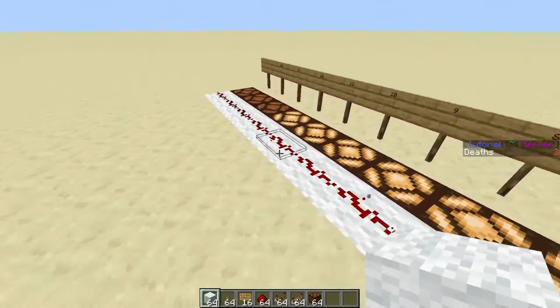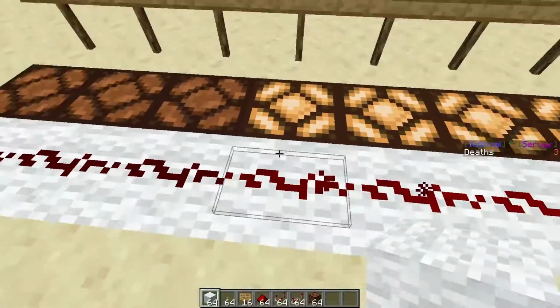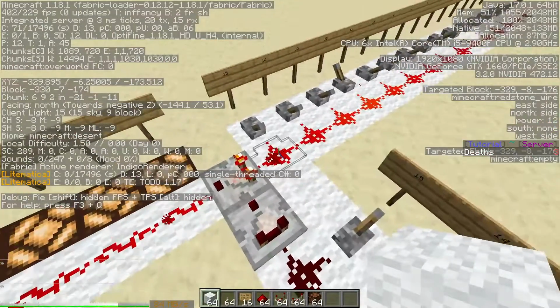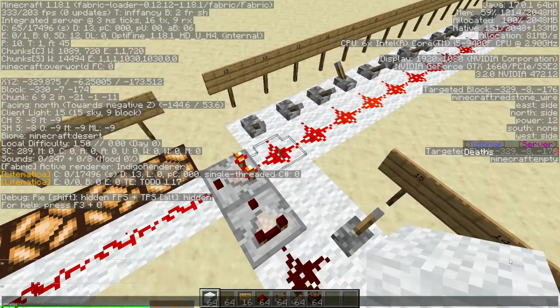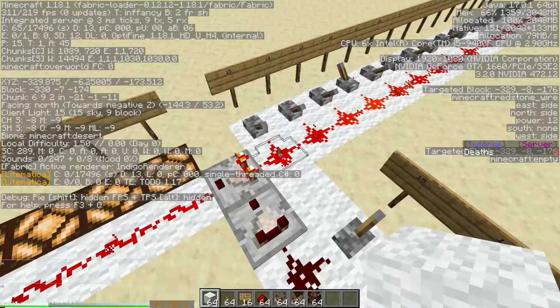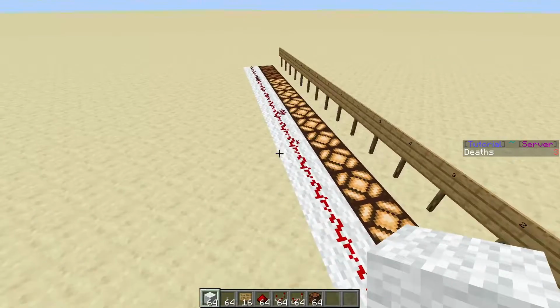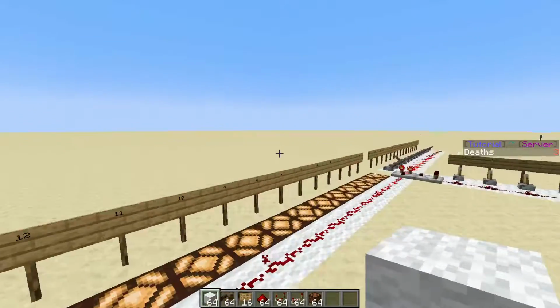It goes all the way to here. It's 12 here, as you can see over here in the power, and it's also 12 over here.